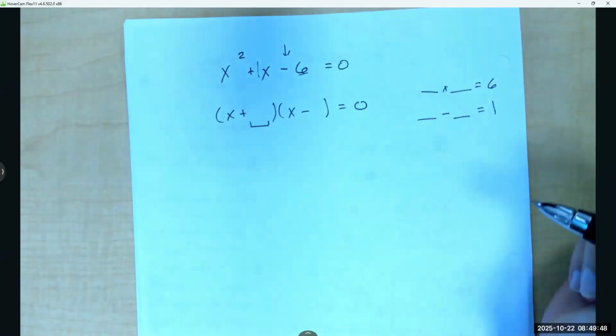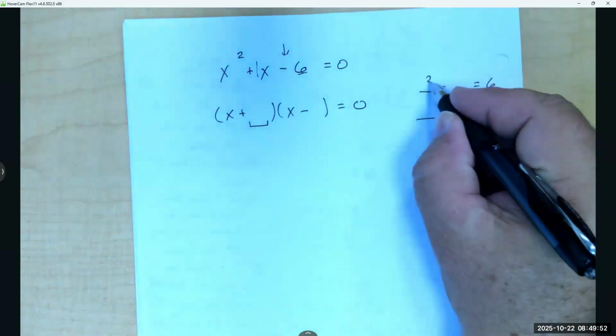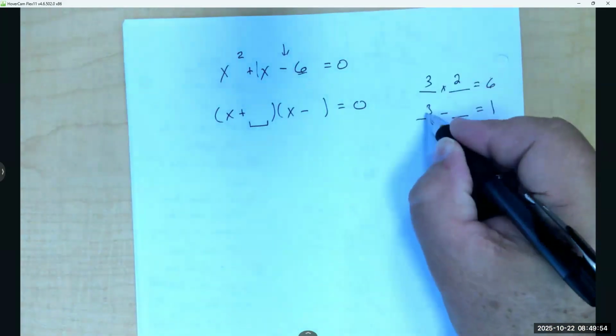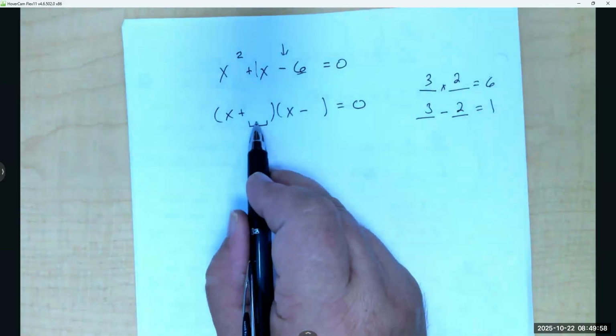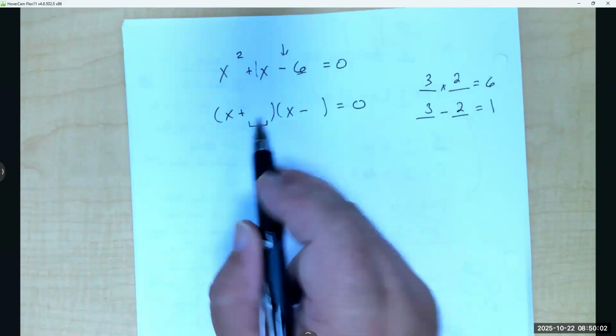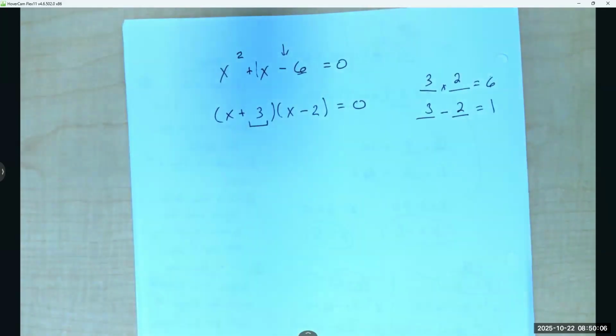So what numbers go in there? 3 times 2 is 6. 3 minus 2 is 1. Check. So which number goes there? And that means the 2 goes there. How would you check that? To see if it's right?